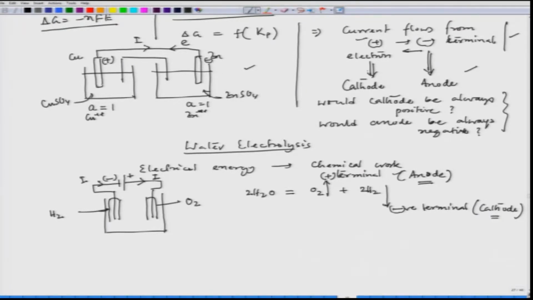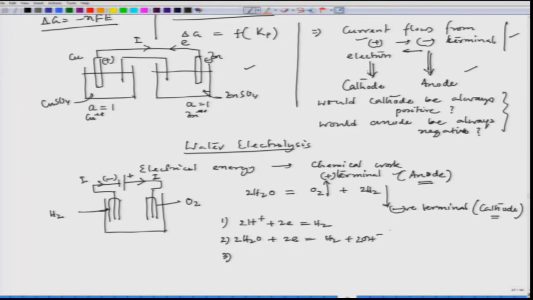Those 4 reactions, let me point out: first, H plus plus 2e equal to H2; second, 2H2O plus 2e equal to H2 plus 2OH minus.